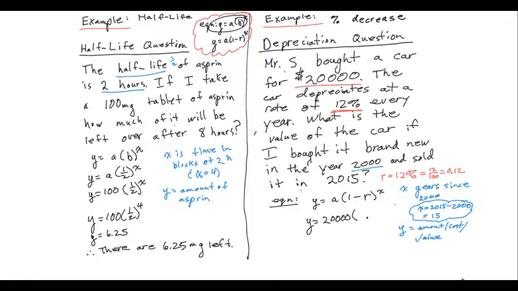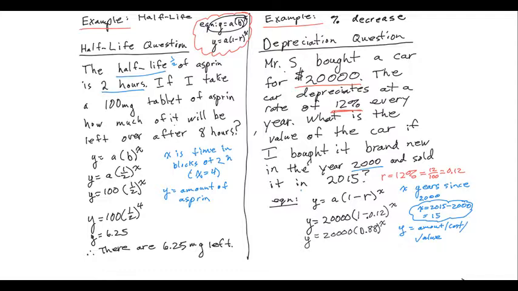So we're going to change that to be 1 minus 0.12 raised to the x. Now 1 minus 0.12 turns into the following. Y is equal to 20,000 times 0.88 raised to the x.